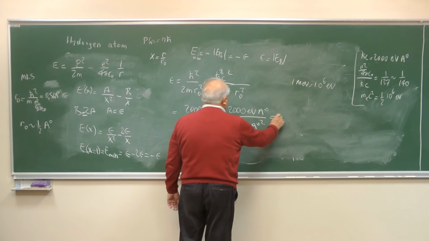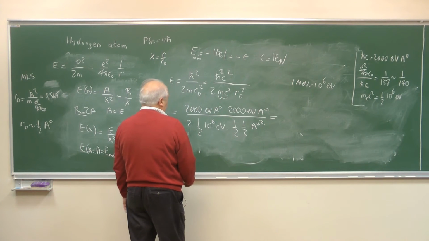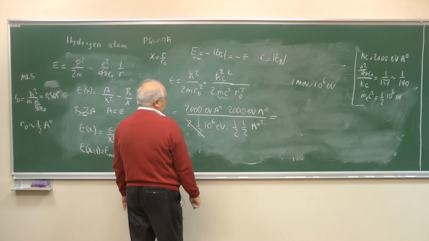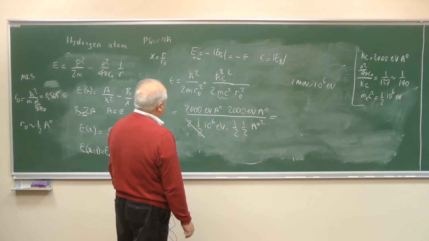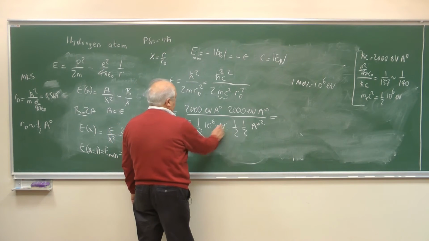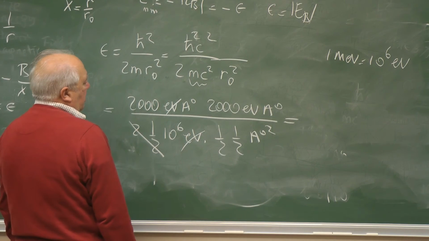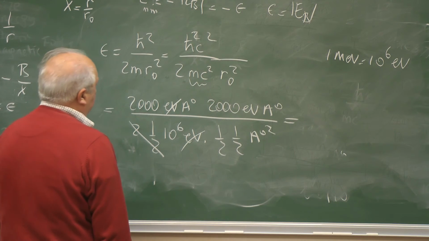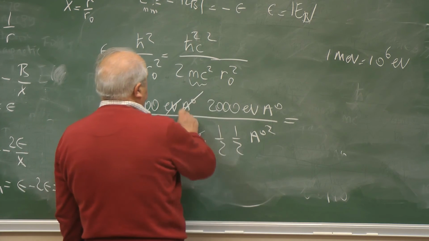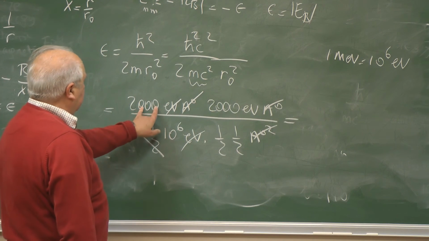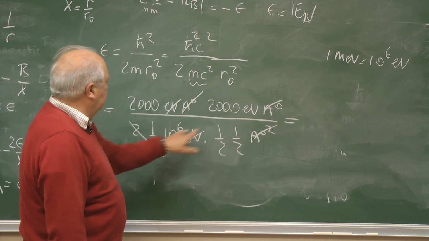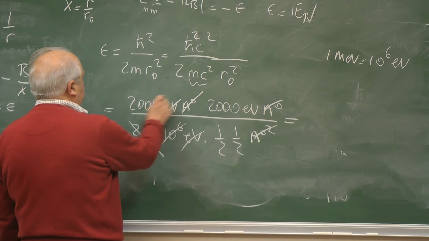So let's see what this says. 2's cancel. Electron volts cancel that. Angstrom squares cancel. All right. I have 10 to the 3, 10 to the 3, 10 to the 6. So that goes.